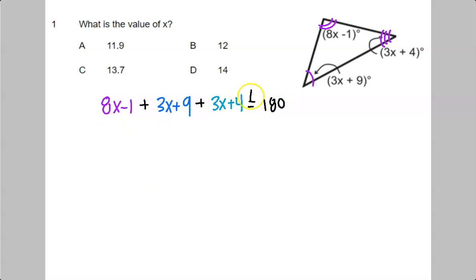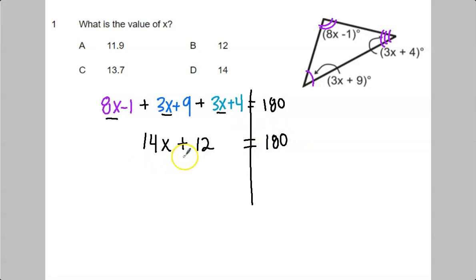So we're going to use this idea to solve for x. So let's start with our x's. We've got 8x, 3x, and 3x. So 8, 9, 10, 11, 12, 13, 14x. And then we have -1, 9, and 4. So 9 plus 4 would be 13, minus 1 would be 12. And that's equal to 180.